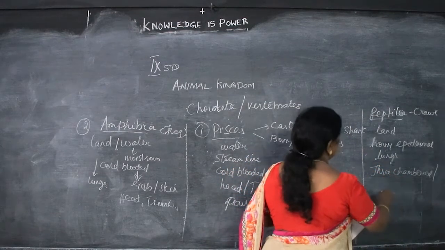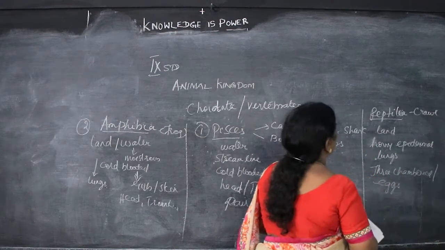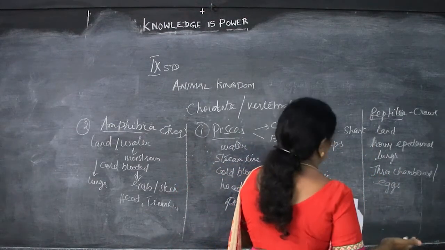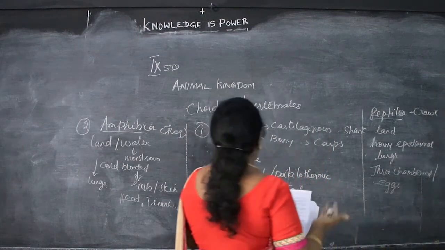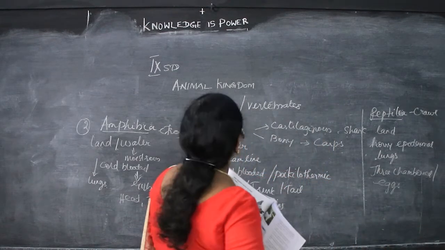They lay eggs. They are also cold-blooded animals only. Examples we have seen are lizard, snake and tortoise, and all of these come under reptiles.